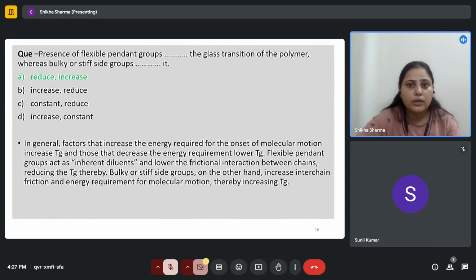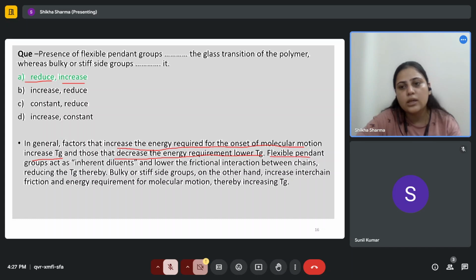So now we can see here that the presence of a flexible pendant group reduces the Tg, whereas a bulky group increases the Tg value because there is restricted motion, right? In general, factors that increase the energy required for the onset of molecular motion increase the Tg, and those that decrease the energy requirement lower the Tg, right?